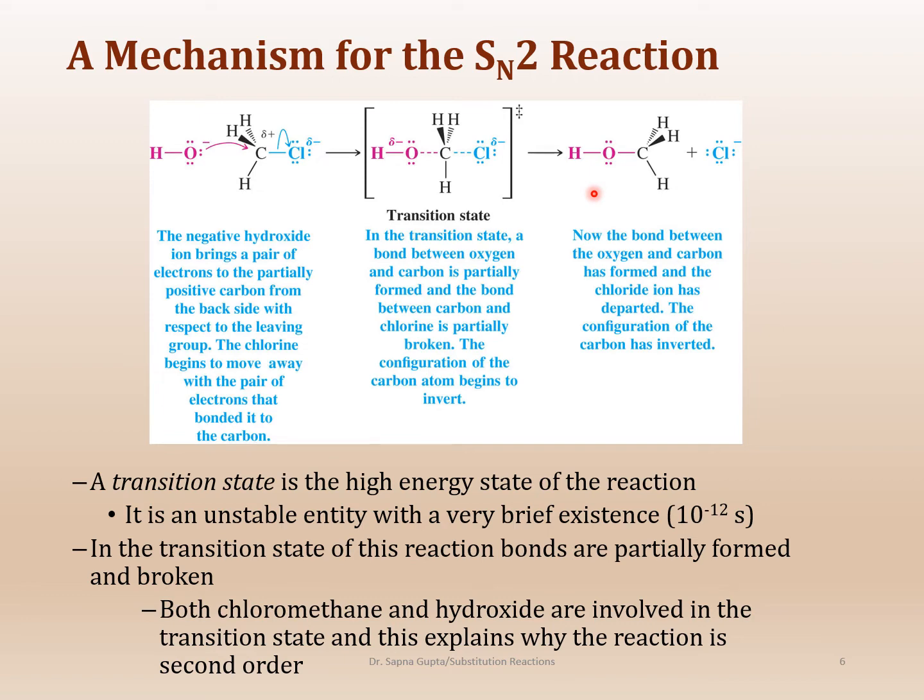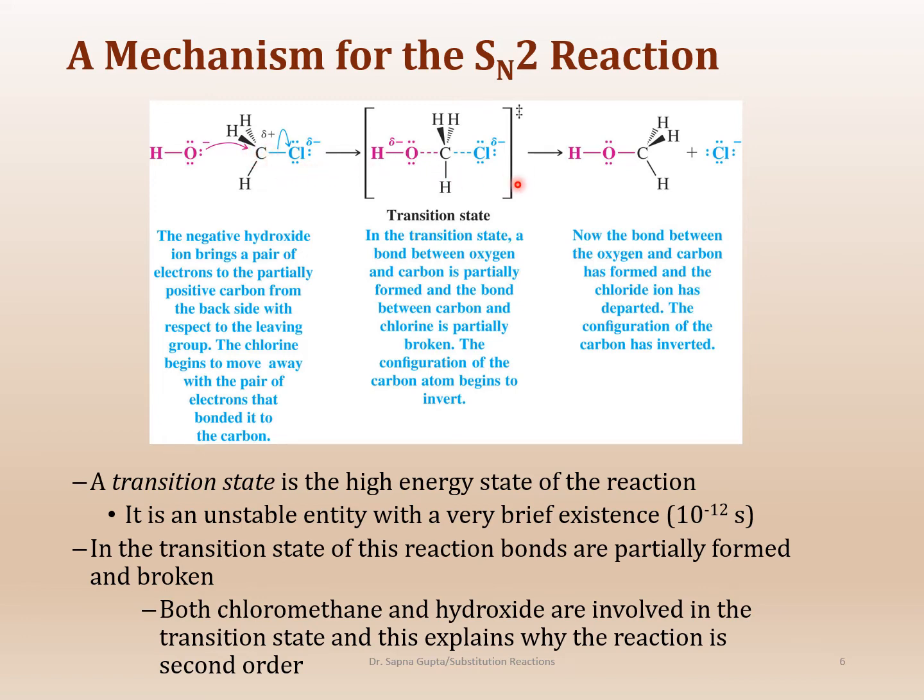Here you can see in the mechanism that the hydroxide is attacking the carbon, which has the leaving group. This is the polar bond. You can see the delta positive and the delta negative on the chlorine. The carbon is the electropositive center, so the hydroxide, which is negative, is attacking the carbon, which is delta positive. And at the same time, the chlorine is trying to leave.